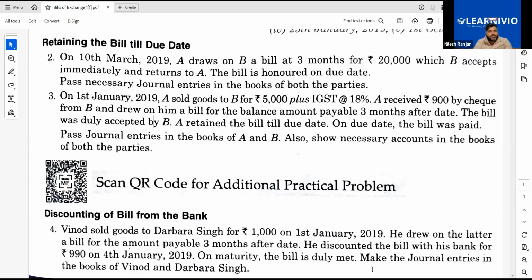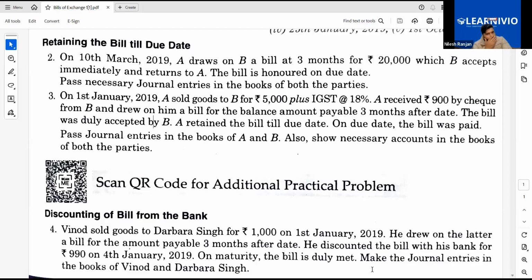Sir, it will be the same entry as the first one, obviously, but for sending the bill for collection, it will be bill for collection account debit to bills receivable. Amount? 1,000. Okay.